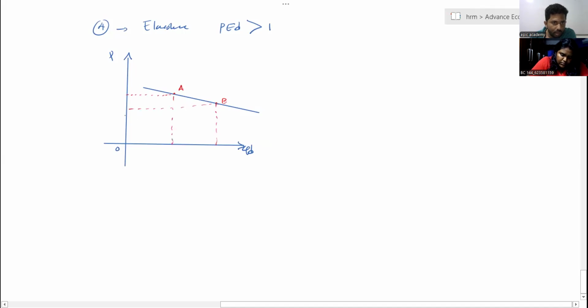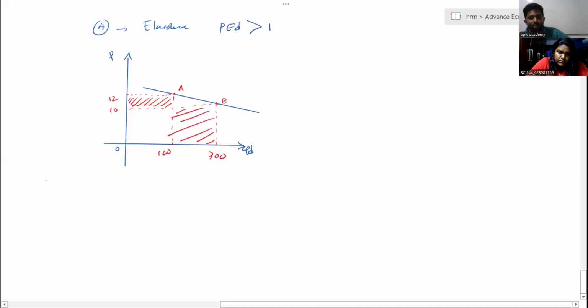Now you can identify that the price changes are taking less value, but the quantity changes are taking greater value, isn't it? It is exactly the opposite of the inelastic. Just look at the inelastic situation in your notebook.